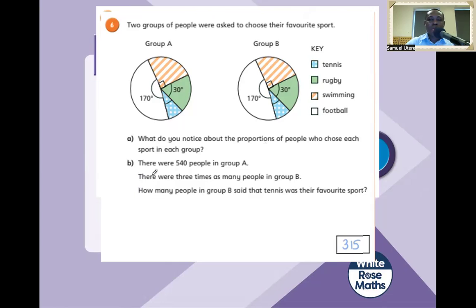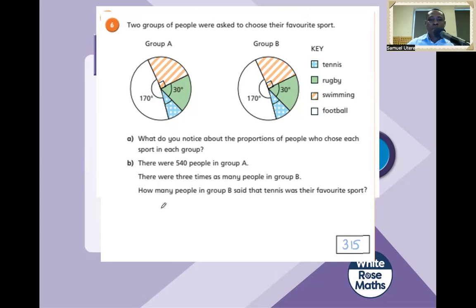Now, there are 540 people in group A. There were 3 times as many people in group B. So when you're answering questions like this, you can start to take steps to do the initial preparation of the numbers that you need for your calculation.